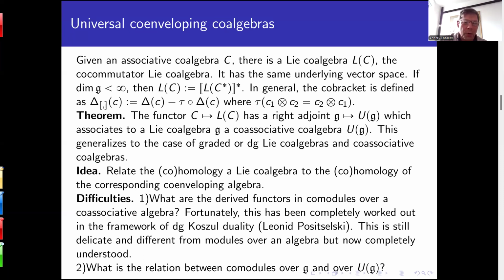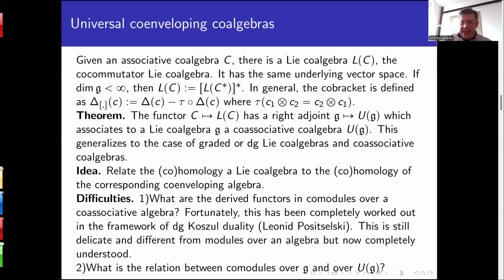Okay, so once again, let me remind you that in the Lie algebra case, the Chevalley and Eilenberg cohomology has an interpretation as a derived functor in the category of modules over the universal enveloping algebra. So the first thing to have is an analog of a universal enveloping coalgebra of a Lie coalgebra. And then, if we're lucky, we will be able to construct derived functors there and have an interpretation of the Chevalley and Eilenberg complexes in terms of those derived functors.